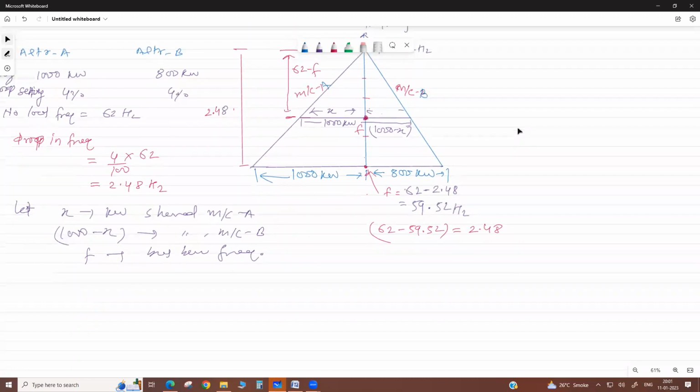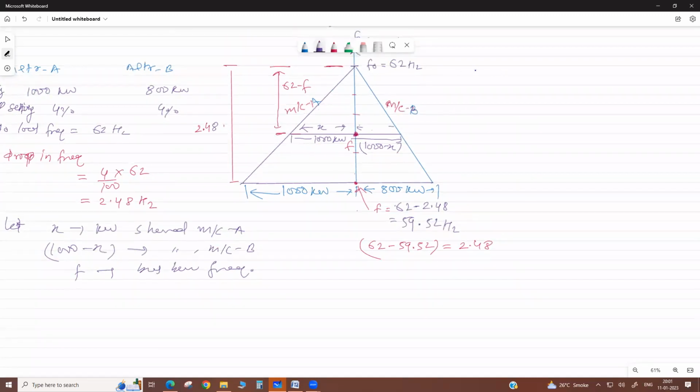Now from this triangle, if you see the half part of machine 1, this machine A side, this part only, there are two triangles. This is small and big. There are two triangles, they have a common angle.